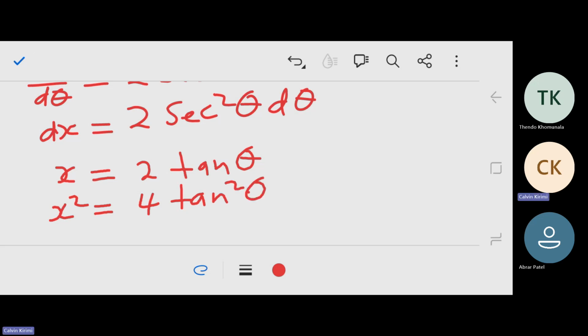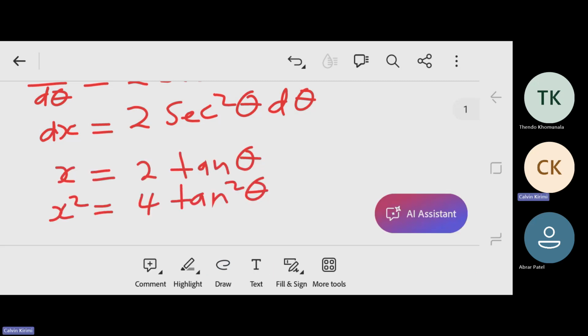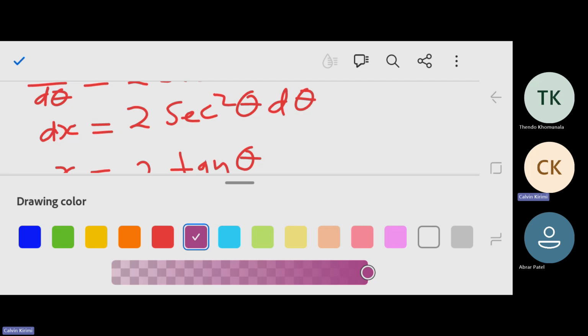So where there is x squared, we replace it with that. Where there is dx, we replace dx with that.